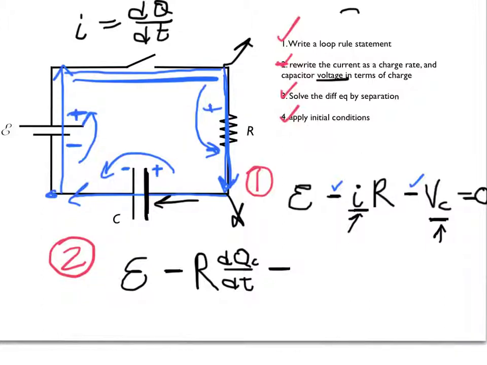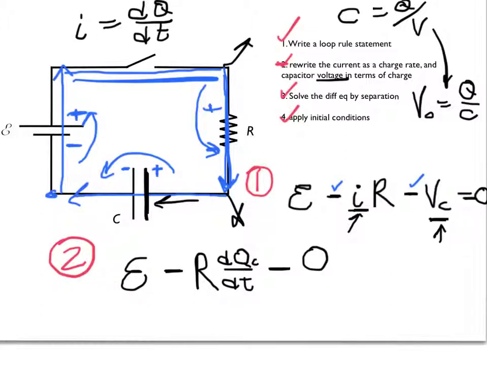Let's see, I remember the definition of capacitance is charge over voltage, and so that means the voltage on the capacitor has to be the charge divided by the capacitance. Okay, so I can say that this last one is the charge on the capacitor divided by the capacitance. So now I've rewritten my equation.